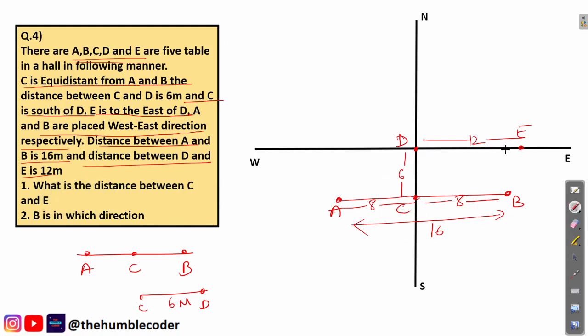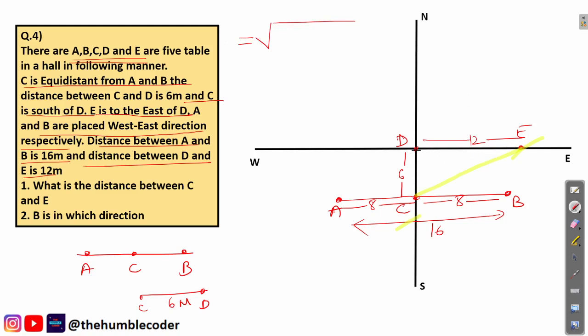So C is here and E is here. Let us find the distance between them. We have already seen in the previous videos that whenever we have to find this kind of distance, we make use of the Pythagoras theorem, and we need to find the other two distances.